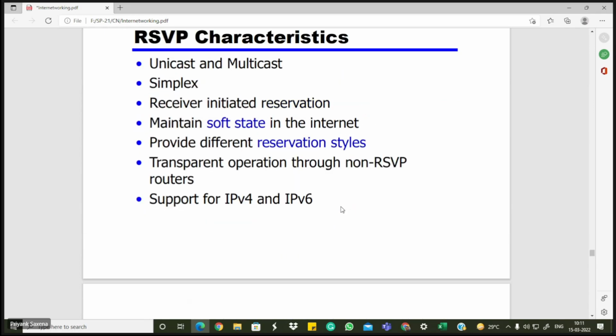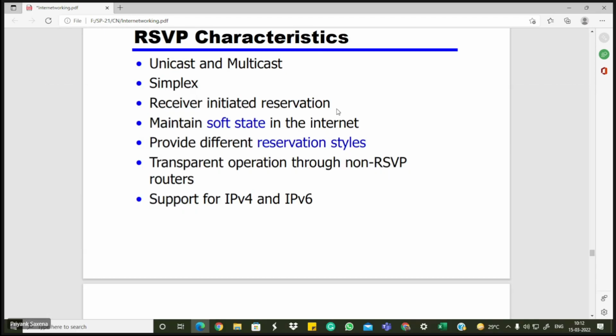So what are the RSVP characteristics? It can be implemented for both unicast and multicast. It is simplex. That means only a unidirectional reservation is possible. So if two end systems require data exchange, then two separate reservations are required, one in each direction.